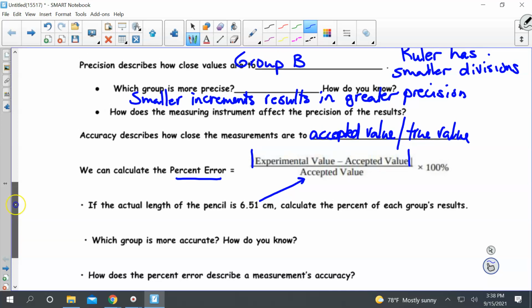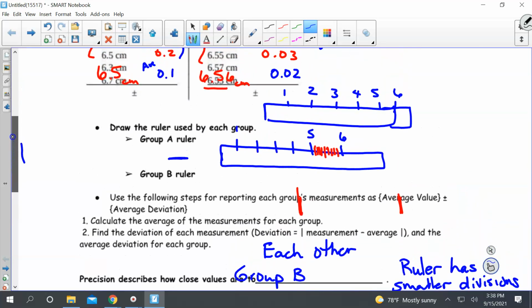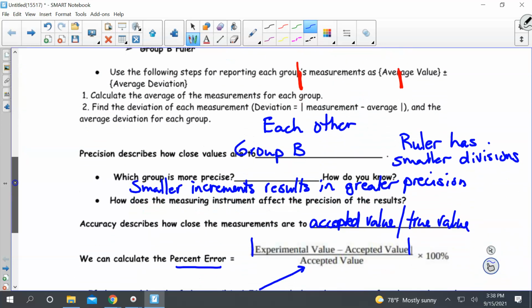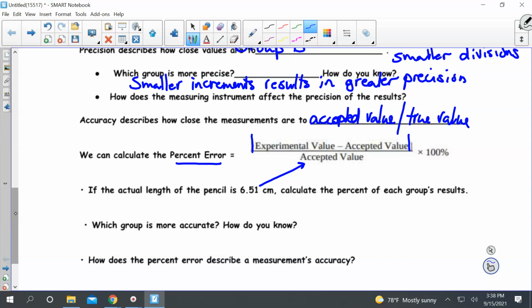So we're going to go back up and use the average that they calculated on here. If we look at the first one, we're going to take the experimental value, using that average. For group A, it looks like they had 6.5 minus 6.51 over 6.51.